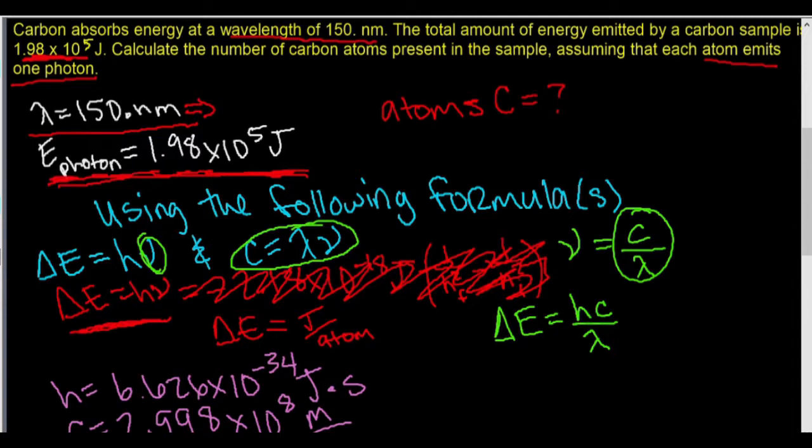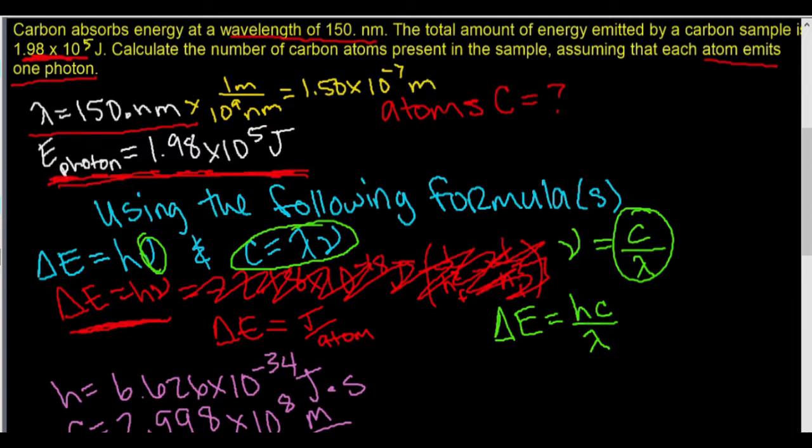So if you convert that, times 10 to the 9 nanometers for every meter, that's going to give us 1.50 times 10 to the negative 7 meters.